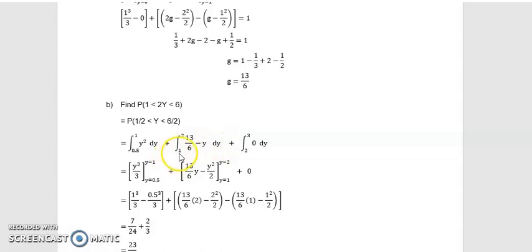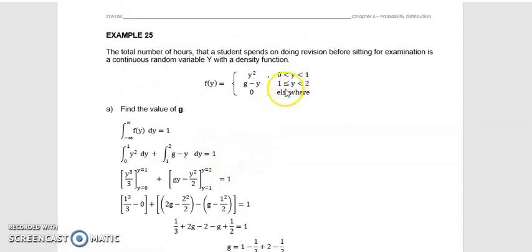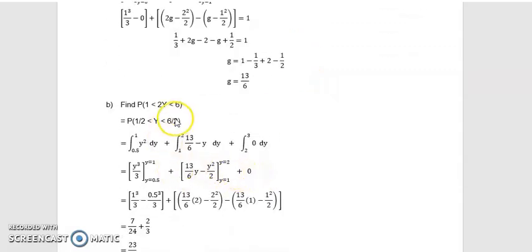Okay, 1 until 2, so if the upper limit here is 1, then here must start with 1 again. So if you look at this interval, that's why the lower limit will be 1. So this function's limit is between 1 to 2, right? But here is 3, 6 over 2 is 3.